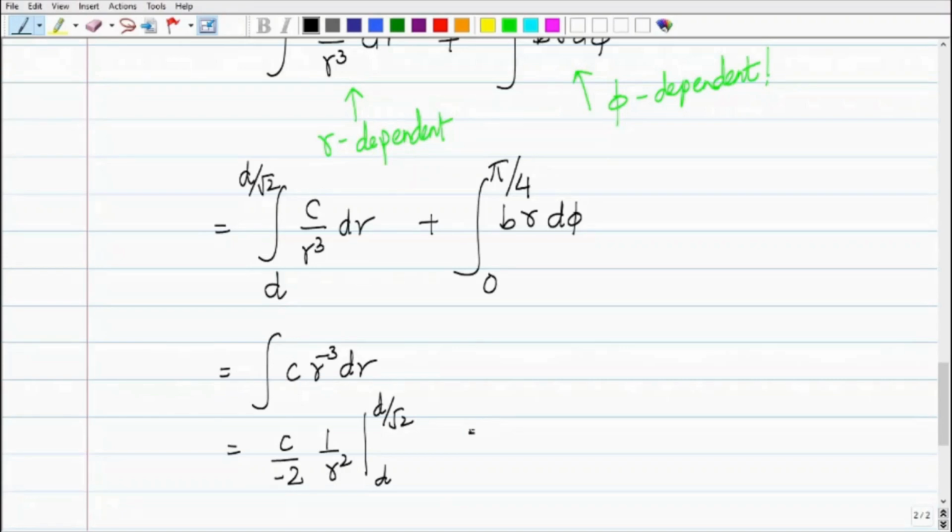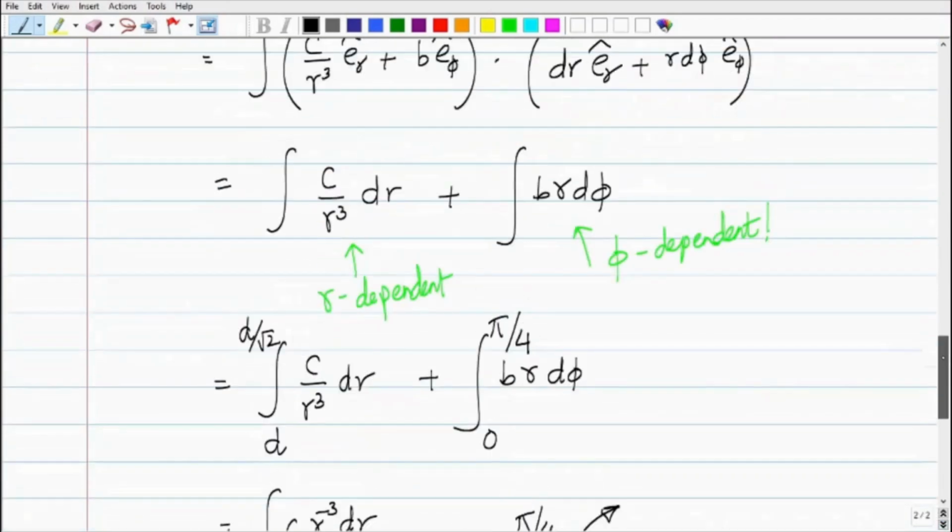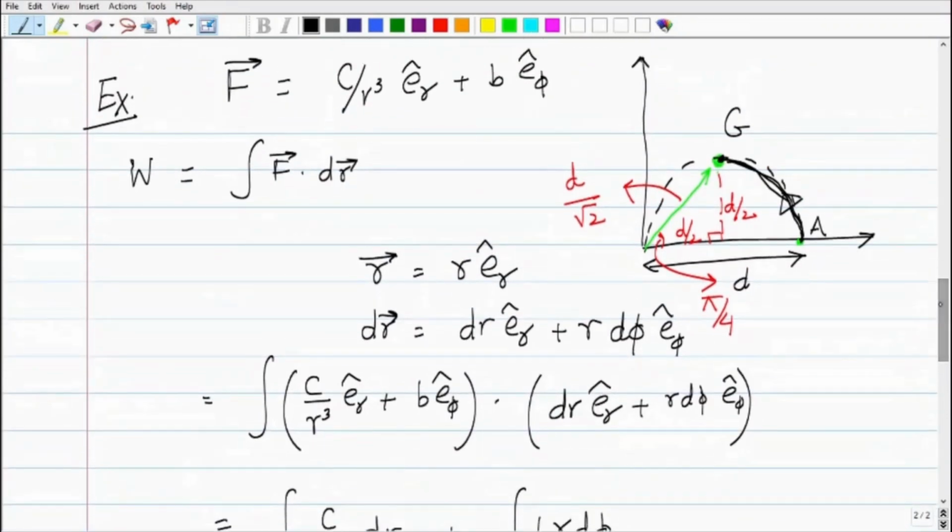The second one is tricky. You see, integration is over angle, b r d phi, and we also have r sitting here. So we have to know how this small r is changing as phi changes. If we come back to the picture, for any arbitrary angle phi, this is phi, then what is this small r?